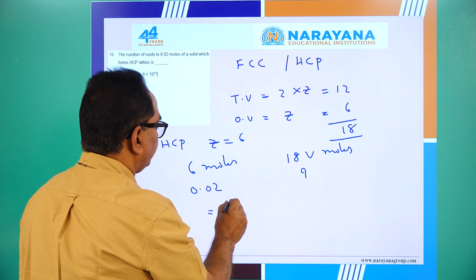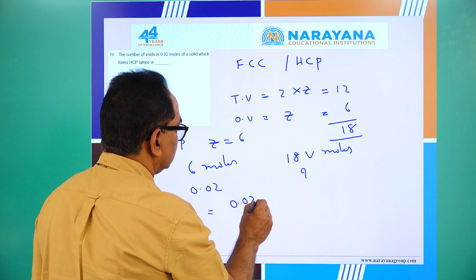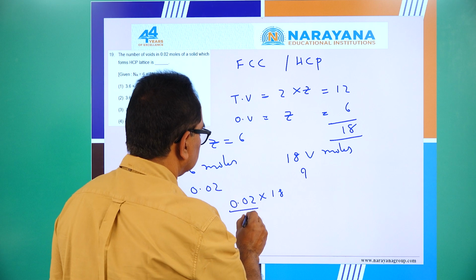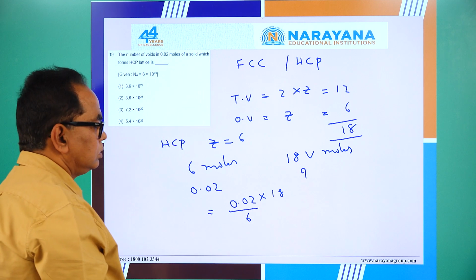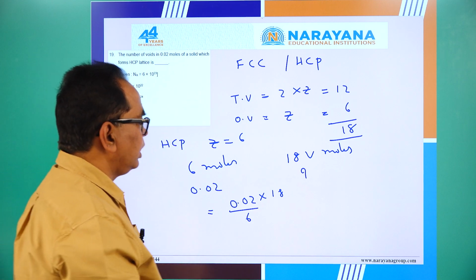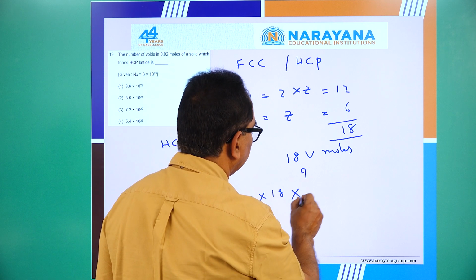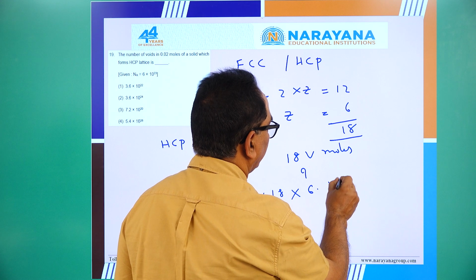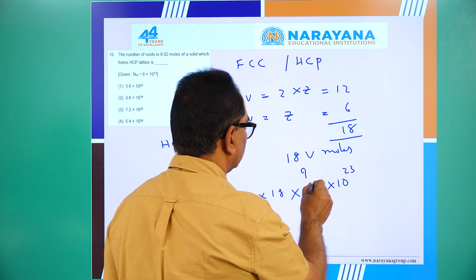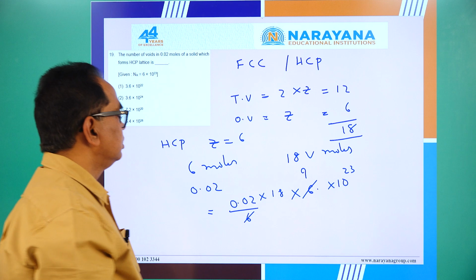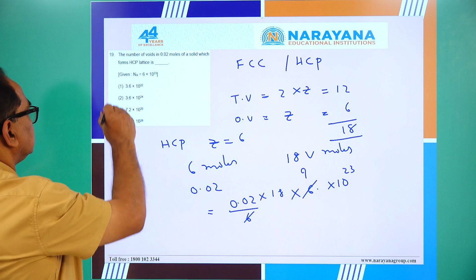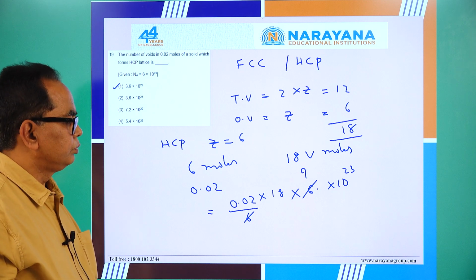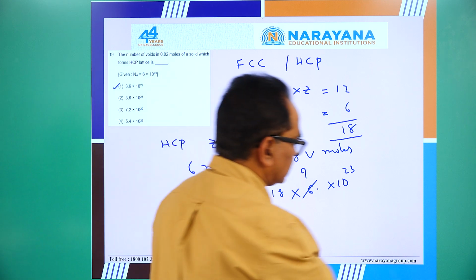That is 0.02 into 18 by 6. This is moles only. As we need the number, we should multiply with Avogadro number, 6 into 10 power 23. So when these two are cancelled, you will get the answer, 3.6 into 10 power 22. Moving to the next question.